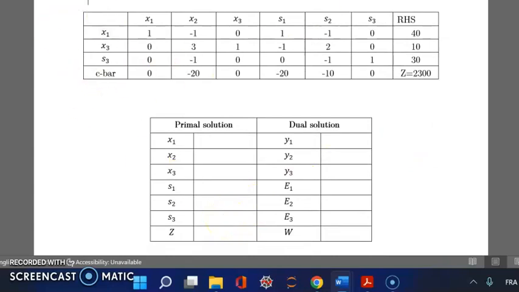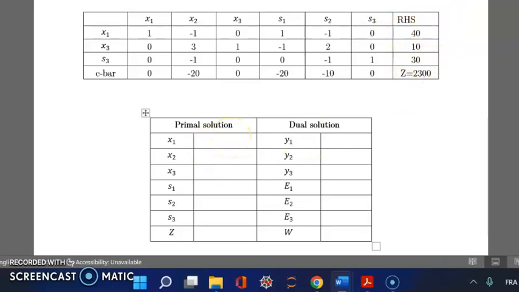If we look at the optimal tableau, we can deduce the values of all the variables. When deducing the primal solution, we're going to be looking at the right hand side here.